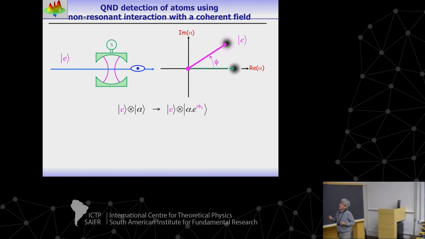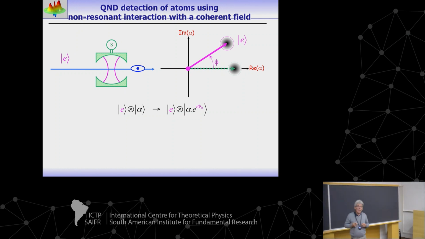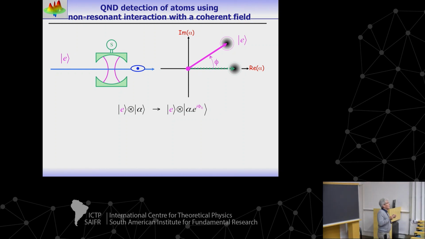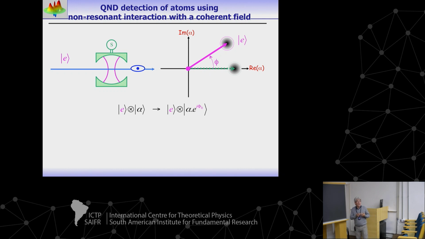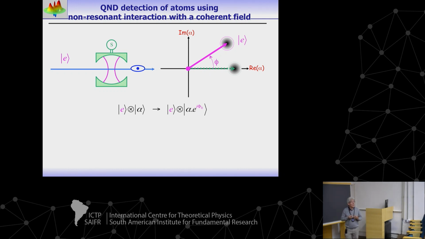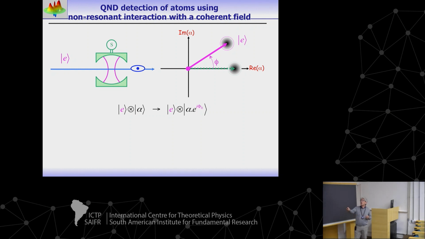In order to understand this, you can imagine that a non-resonant atom is the limit of a microscopic piece of dielectric which crosses the cavity. This dielectric is transparent because the atom does not absorb energy, but it has some polarizability, so it has some index of refraction.